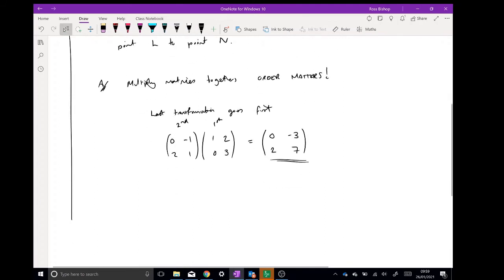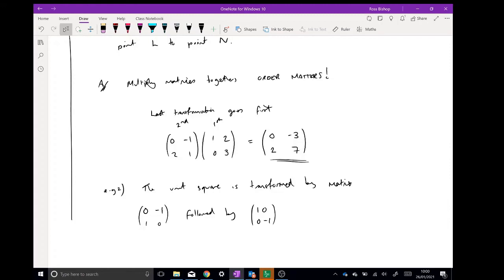Right, let's look at another example, EG2. Okay, the unit square is transformed by matrix 0, minus 1, 1, 0, followed by 1, 0, 0, minus 1.